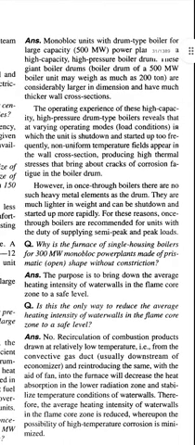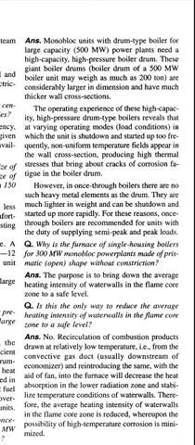The operating experience of these high capacity, high pressure drum type boilers reveals that at varying operating modes and load conditions, in which the unit is shut down and started up too frequently, non-uniform temperature fields appear in the wall cross-section, producing high thermal stresses that bring about cracks of corrosion fatigue in the boiler drum.